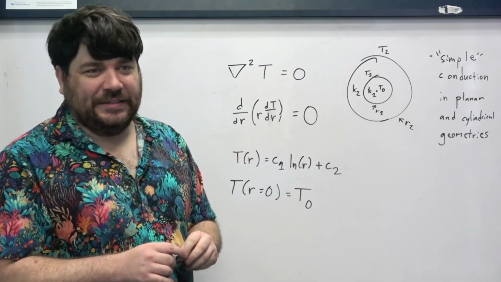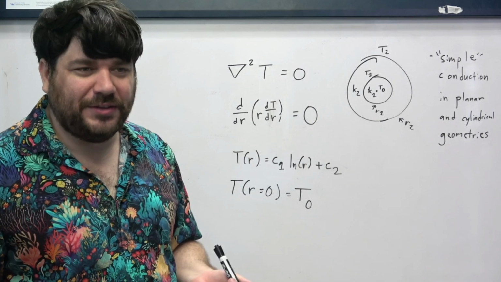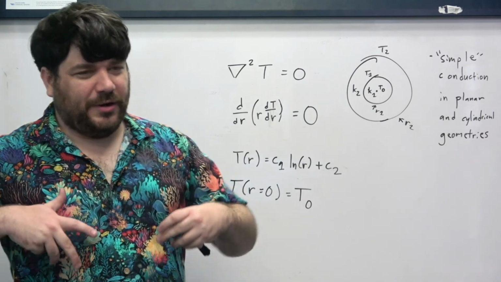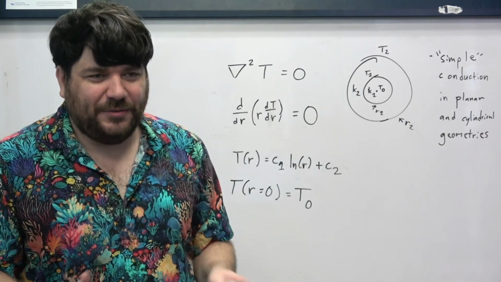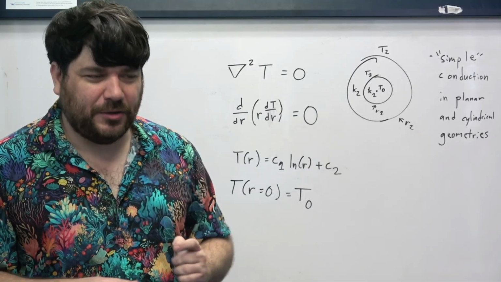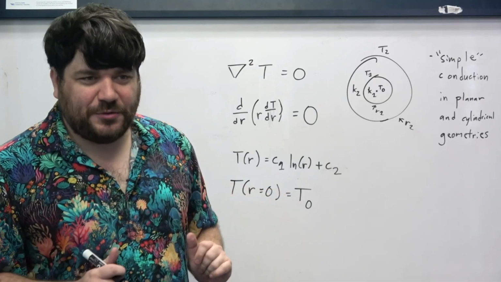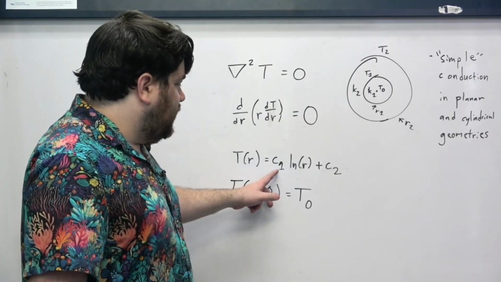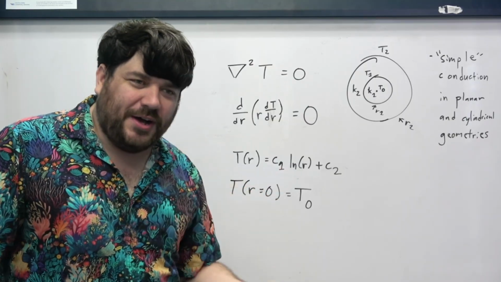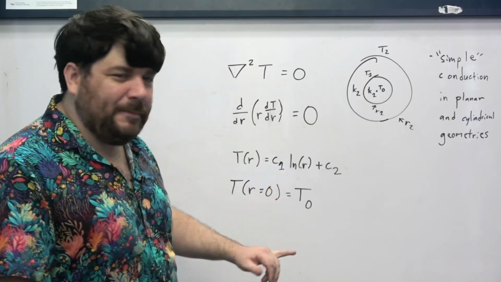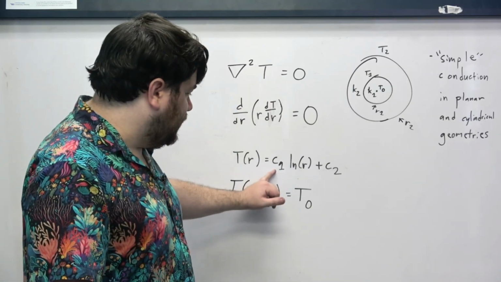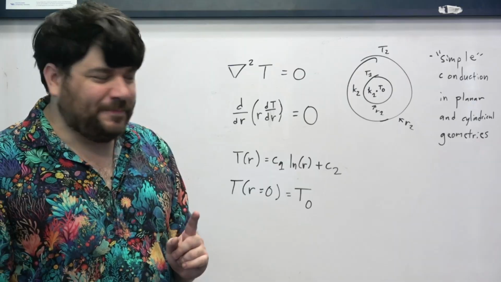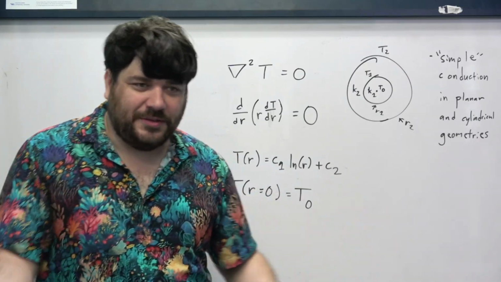So, oh no, what is the only thing that we can do, right? We know, or at least we assume, that temperature should be finite. We assume that things should not be blowing up all over the place, and so a natural thing to do is to say, well, if the only value of C1 that will avoid this problem is 0, then we should just use that.